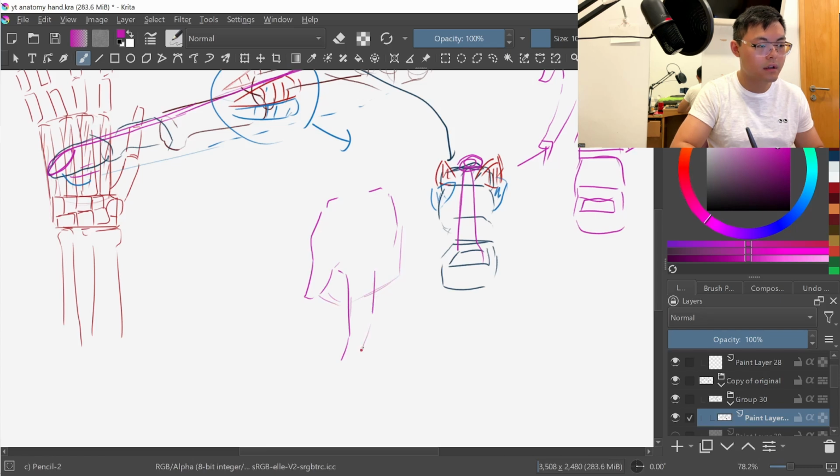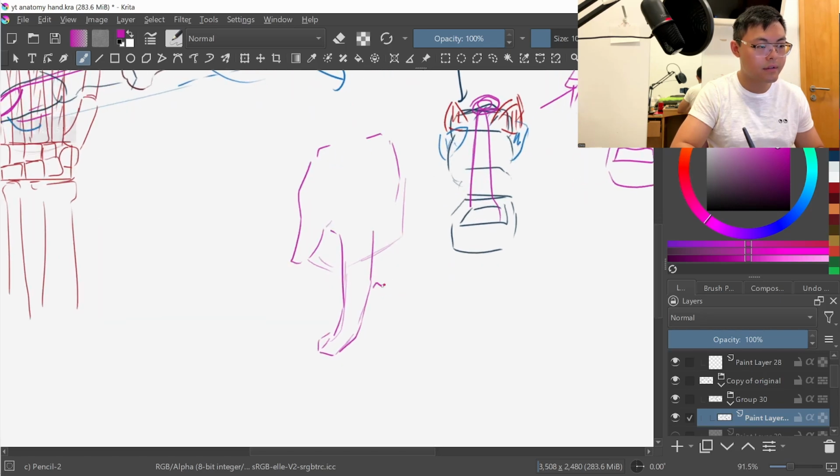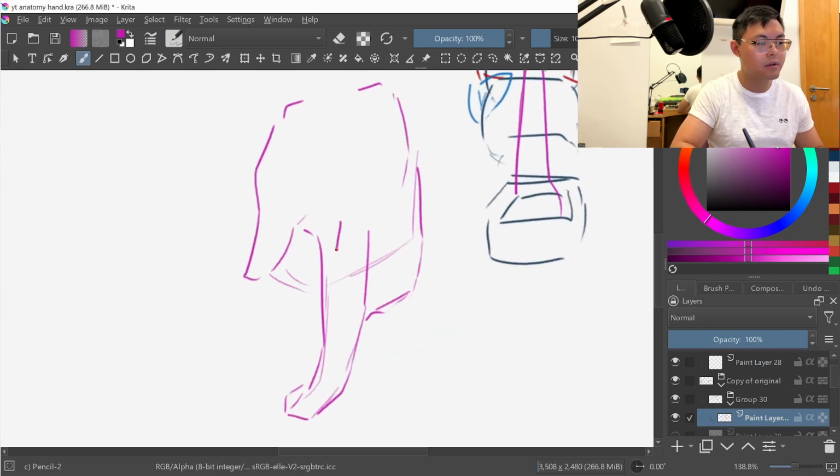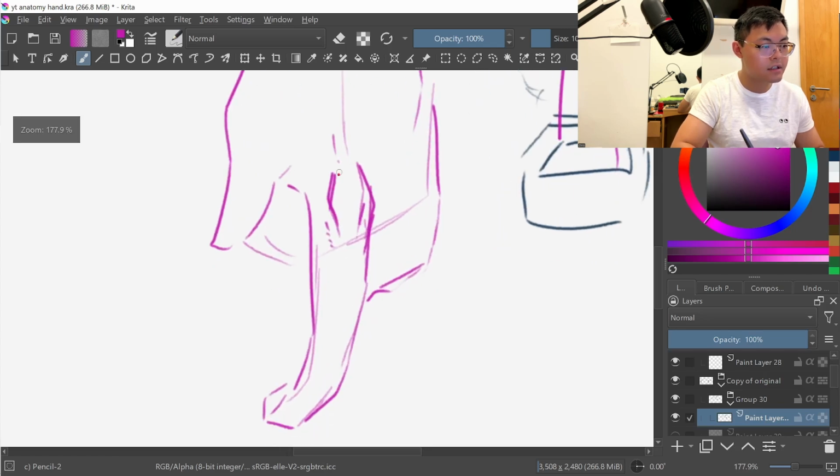Let me just curl all these. In terms of the knuckles, they draw it this way sometimes, and you will see this. Maybe like that. That's the shape.